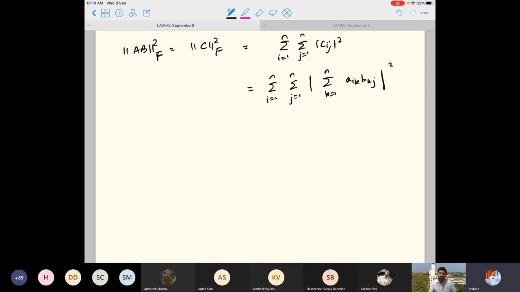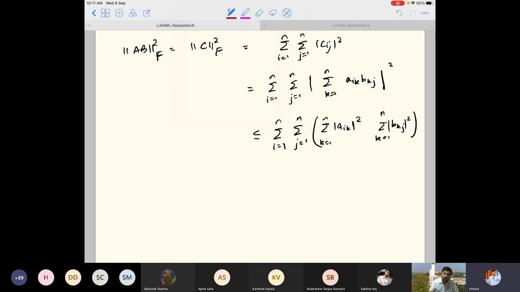And now I'll apply Cauchy-Schwarz inequality, and the Cauchy-Schwarz inequality says that this is less than or equal to summation i from 1 to n, summation j from 1 to n, and then you have summation mod Aik square, correct? So k from 1 to n. So I'm applying Cauchy-Schwarz inequality to this fellow, right? Into summation k from 1 to n, Bkj square. Is that right?